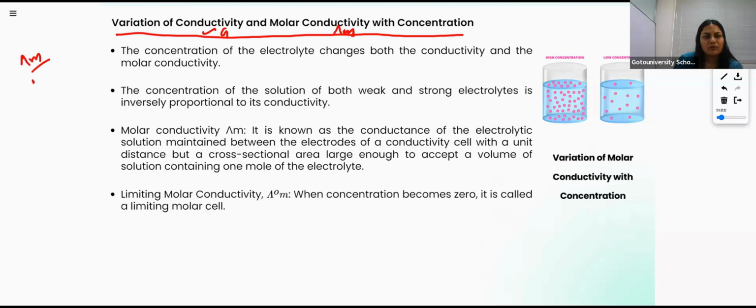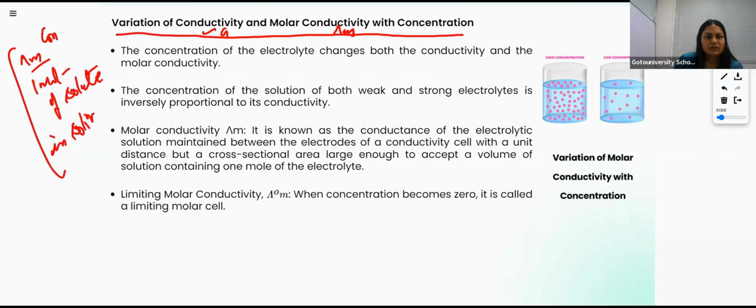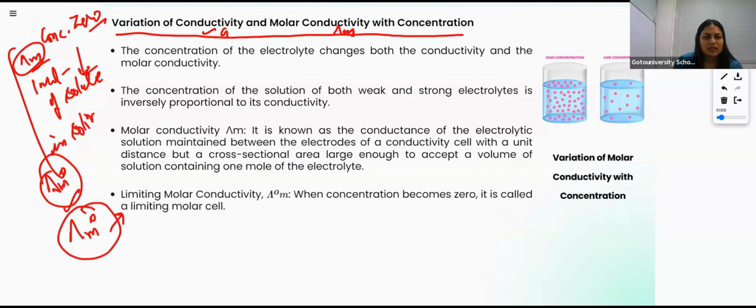It means 1 mole of solute in solution, right? Now when the concentration of solute becomes 0, then the molar conductivity, that is lambda m0, is termed the limiting molar conductivity, right? So here are the proper definitions for molar conductivity and limiting molar conductivity. This is also used in numericals.